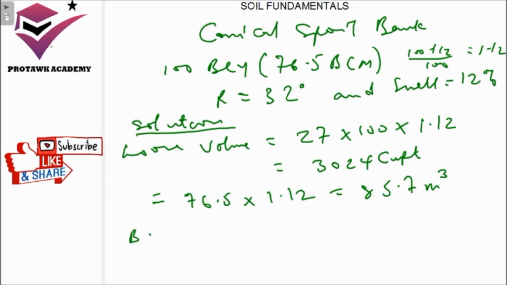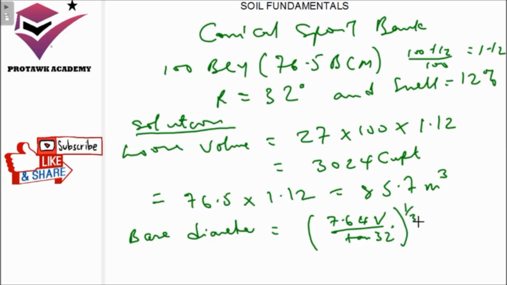The base diameter is given to us to be equal to 7.64 V over tan 32, to the power 1/3. Remember, if we recall the formulas we wrote down initially.